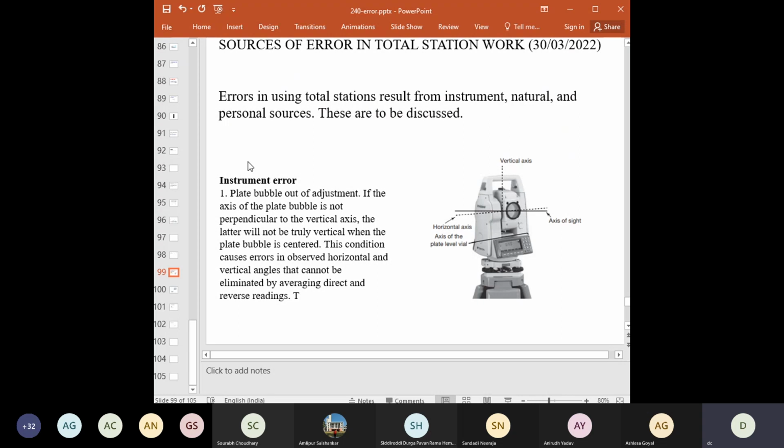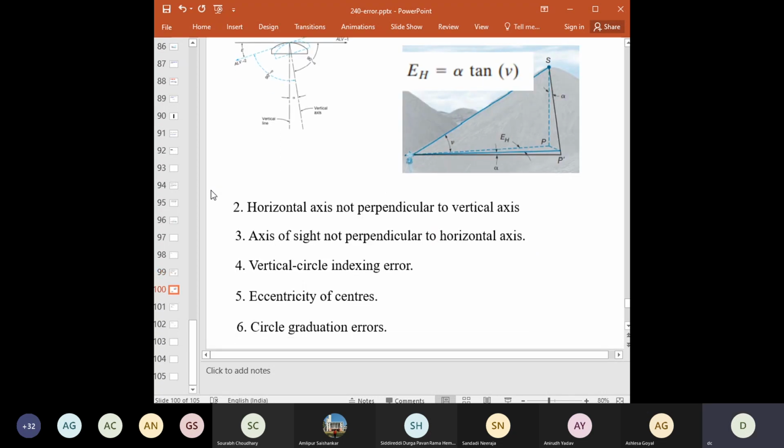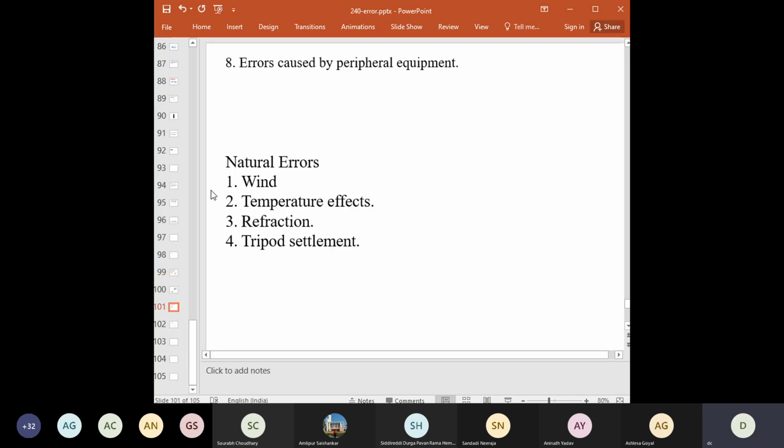Is it clear to all of you? Any doubt here in the list of sources of errors for instrument-related aspects? Let me know how many of you are clear with it. Please raise hands. No one is clear? Akash, Aman, Amlipur, Ashlisha. Yes, sir.